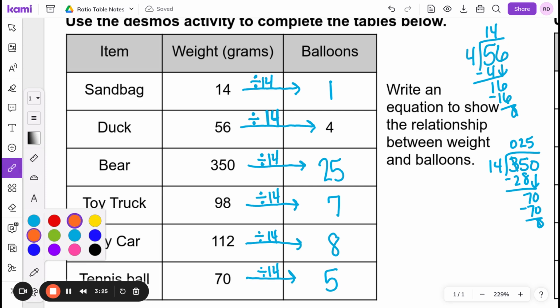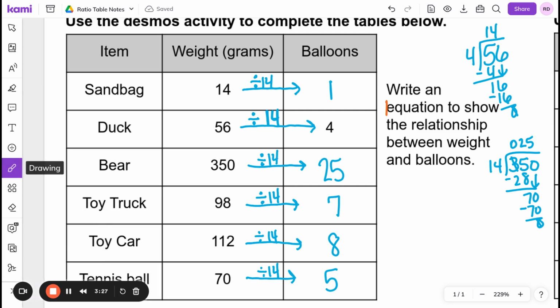So over here, it says to write an equation to show the relationship between the weight of the item and the balloons. So basically, how are we turning the weight into the balloons? To do that, we took the weight and divided by 14, and that gave us the number of balloons that we needed to float the item.